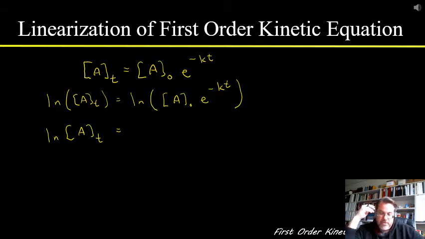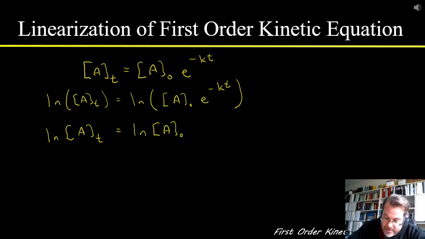And so on the right hand side we've got the log of A sub 0 times e to the minus kt. And one of the things we saw when we were talking about logarithms is that the log of a product is the sum of the logs. So if we take the natural log of A sub 0 times e to the minus kt, that gives us the sum: natural log of A sub 0 plus natural log of e to the minus kt.